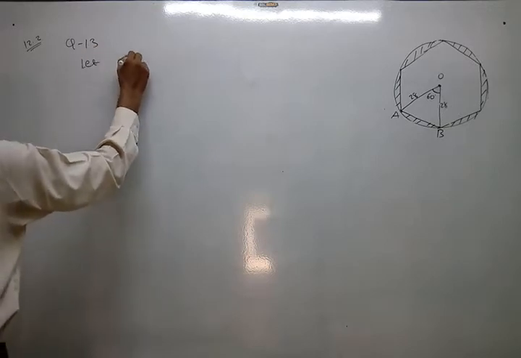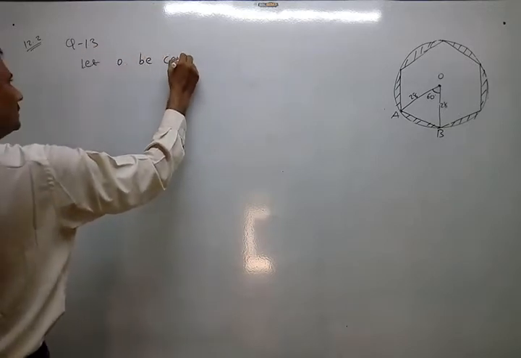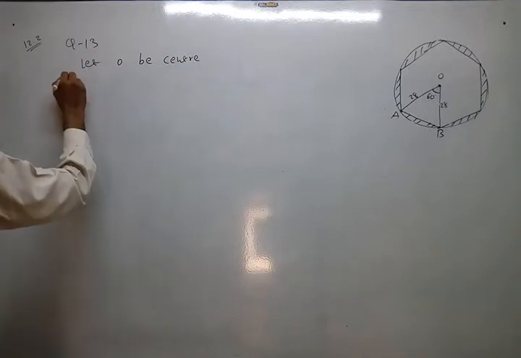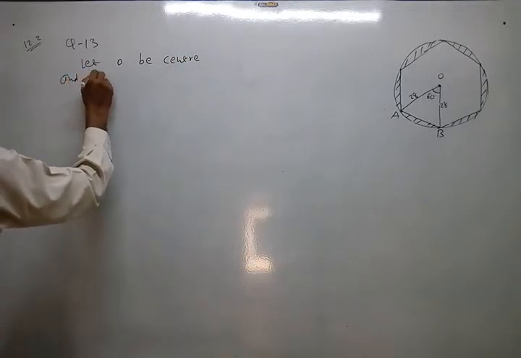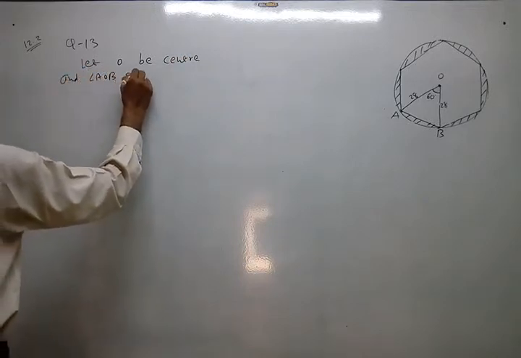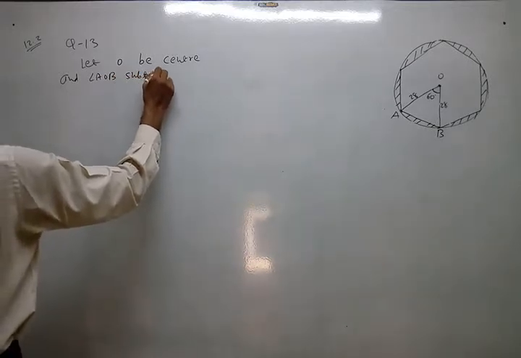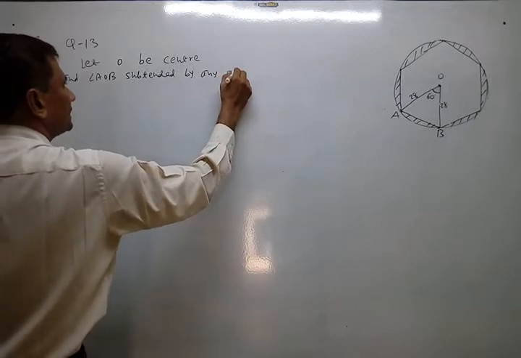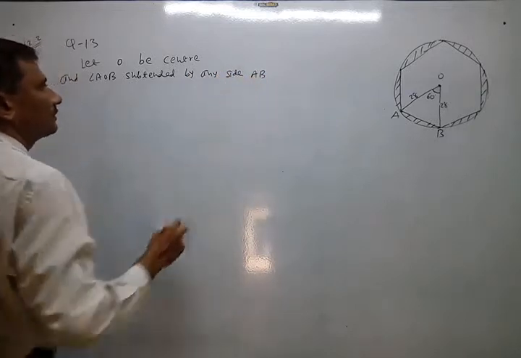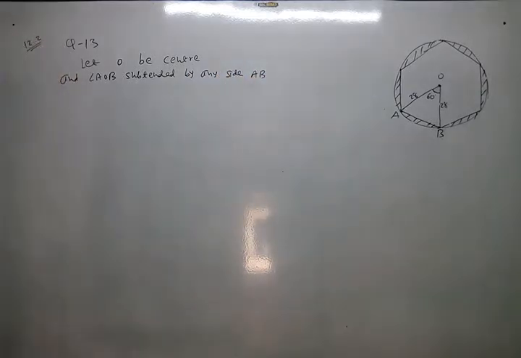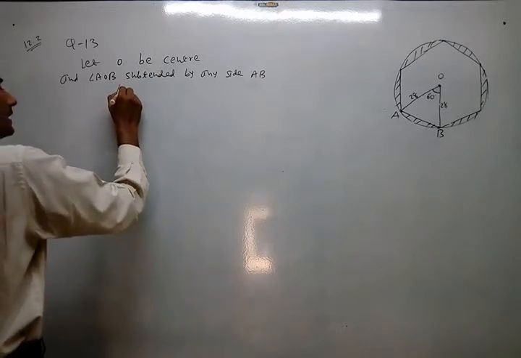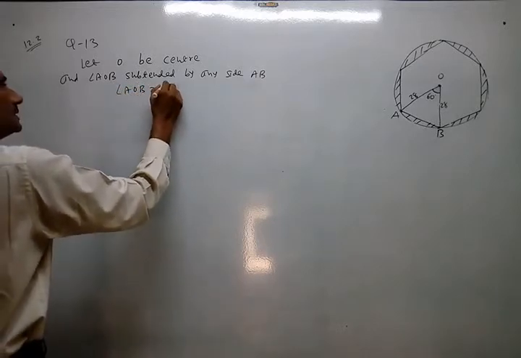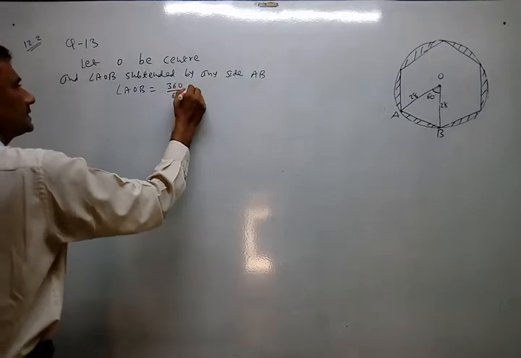Let O be the center, and angle AOB subtended by any side AB. Side AB has made an angle, and that angle AOB is equal to how much? 360 divided by 6, that is 60.